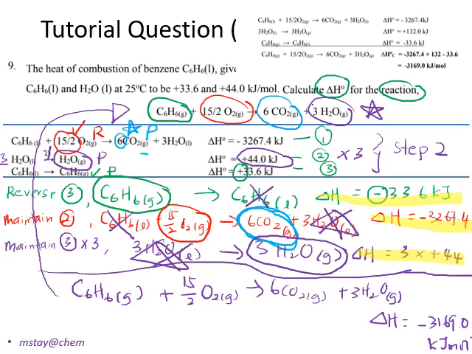If you want to be specific, this is the enthalpy change of combustion for benzene gas, because we burn 1 mole of benzene in excess oxygen. So we can say this is the enthalpy of combustion of benzene gas.